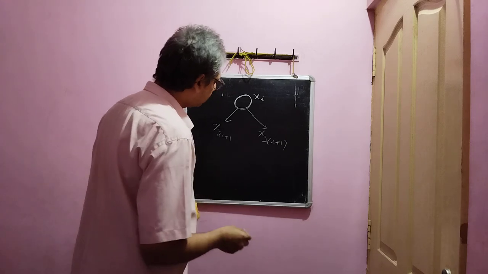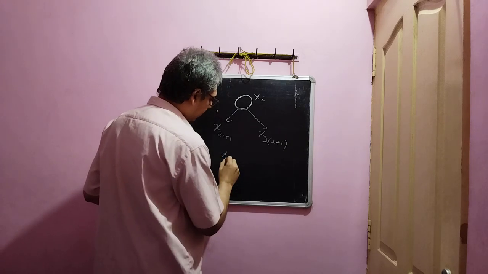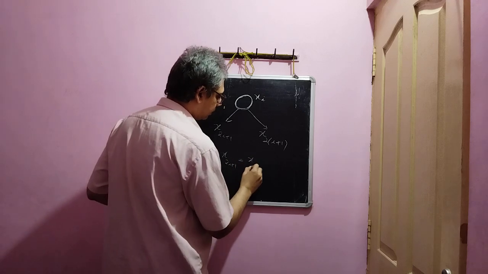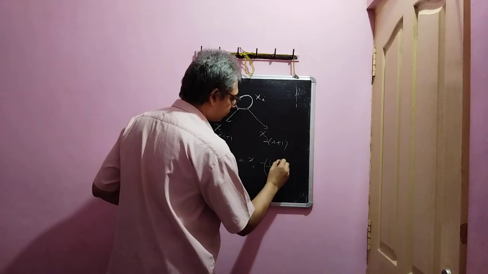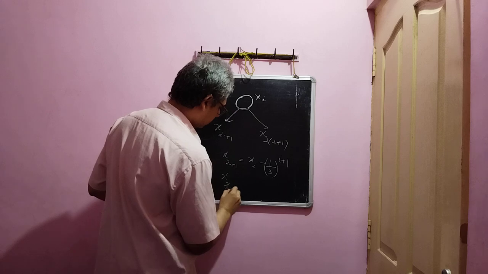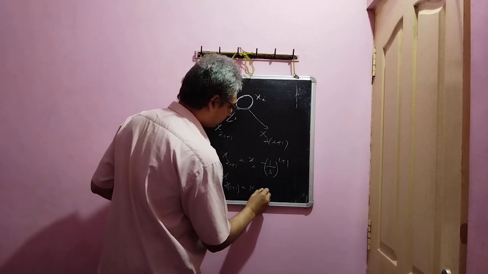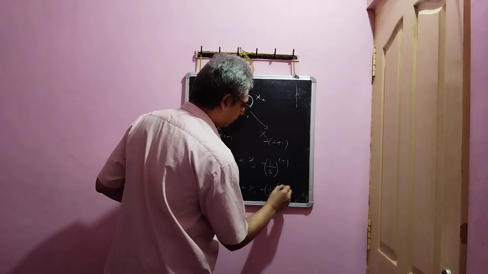So the ratio associated with x of 2i plus 1 will be xi plus 1 by 3 whole power i plus 1.